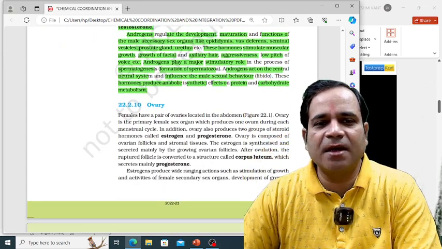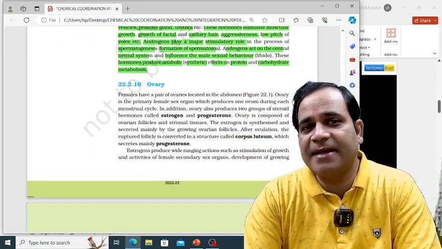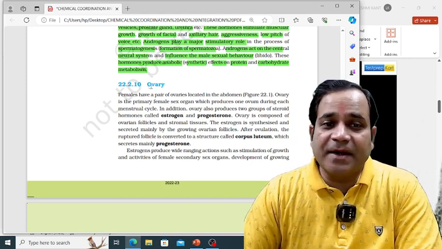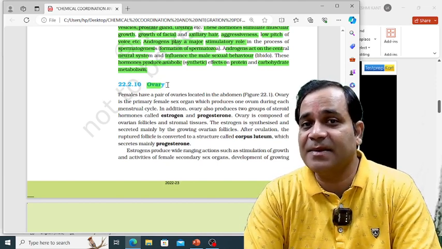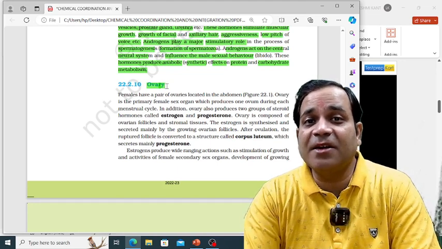Now I'm going to start another composite gland, also called a heterocrine gland, the ovary. The ovary is the female primary reproductive organ.